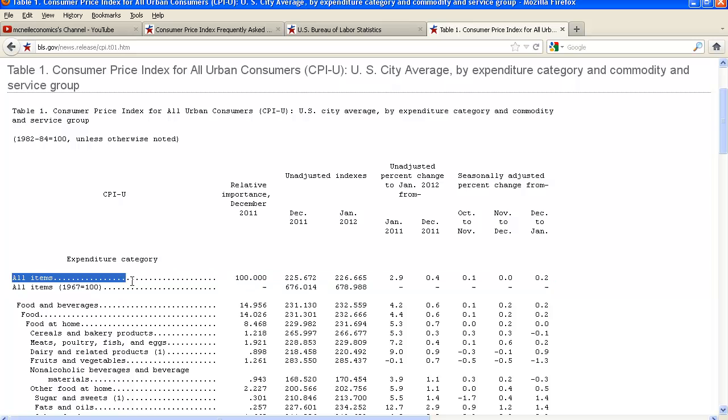Let's take a look at this first line here. CPI is calculated on a monthly basis. So in December of 2011, the CPI was calculated as 225.672. That was the CPI.